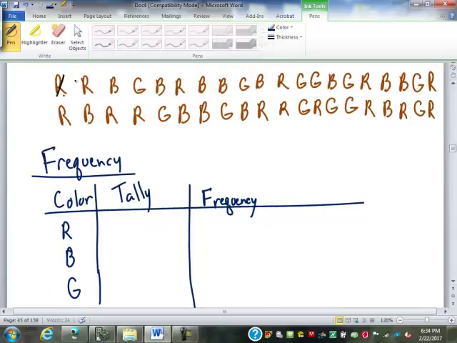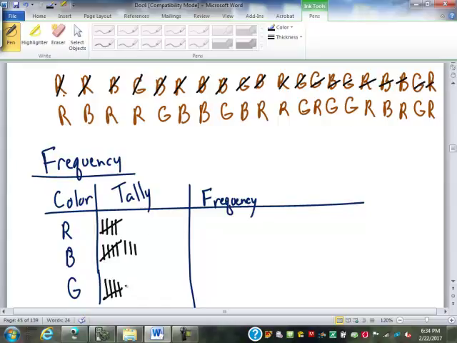So I've got red, red, blue. Green, blue, red. Blue, blue, green. Blue, red, green. Green, blue, green. Red, blue, blue.